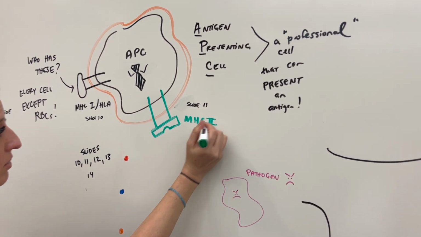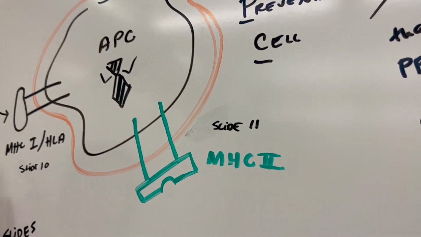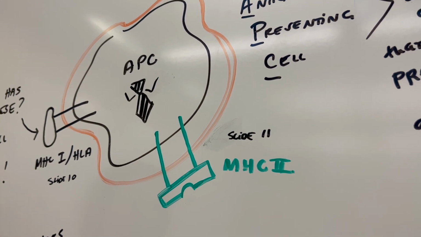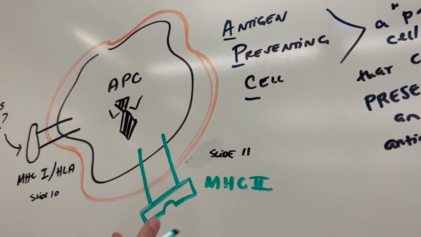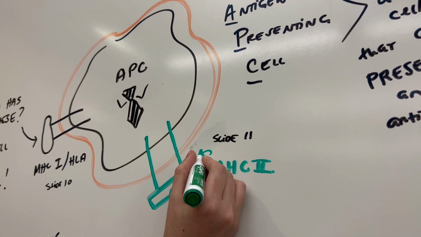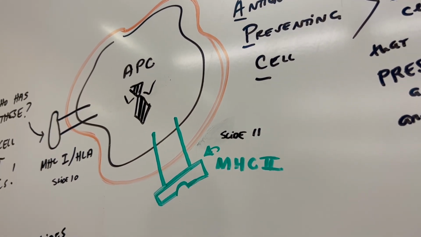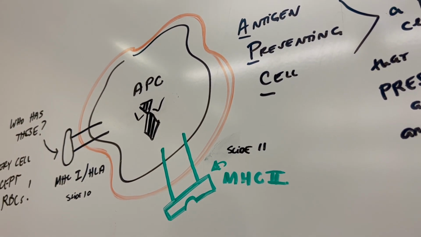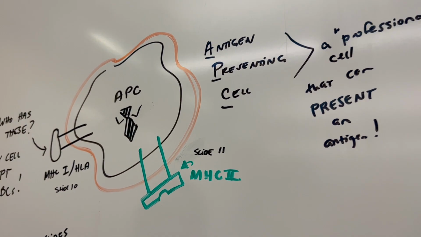That means an APC has MHC1 and HLA and MHC2. So they have all three of those. And so this here is our MHC2, our license to be an APC. And then APCs are cells that are phagocytes.